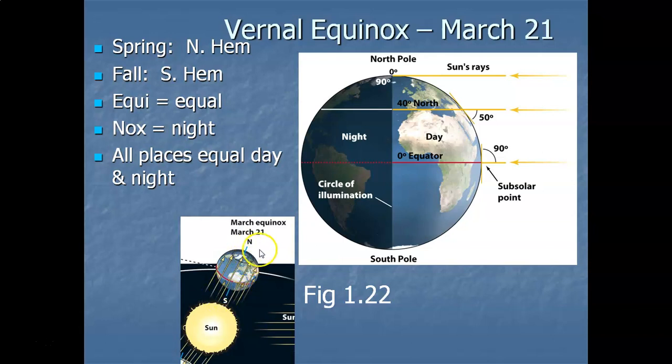But what they're doing is taking a side view, and they just want to illustrate that on this date, everything is perfectly lined up, and that the circle of illumination is actually cutting right through the poles. And that's what it's illustrating right through here. And so this is an intermediate season.